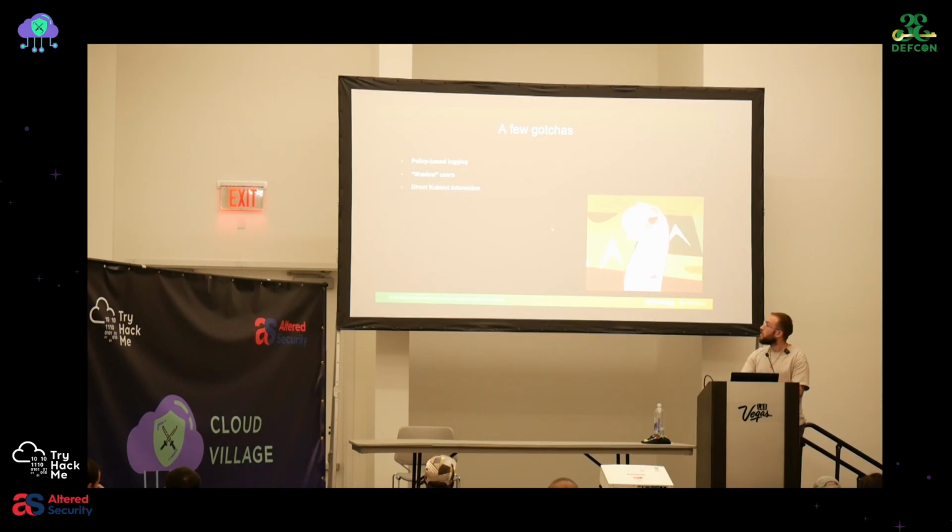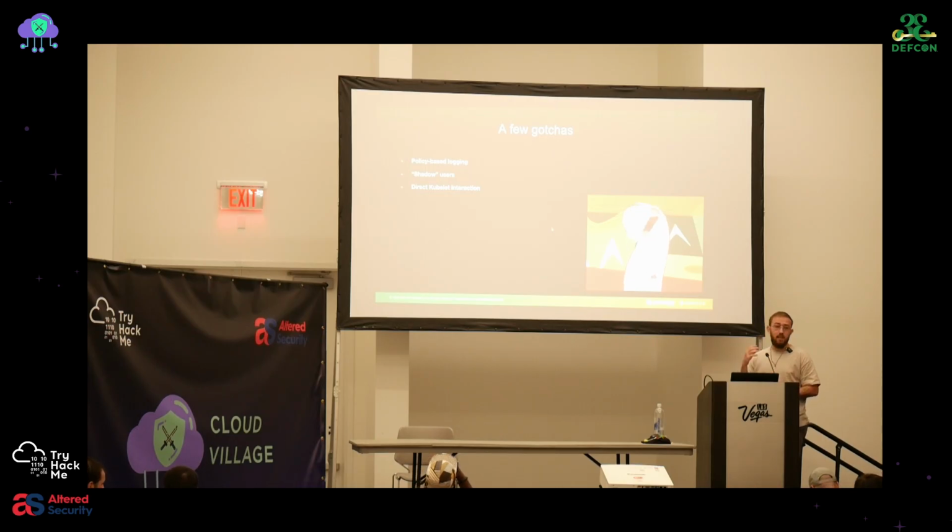Another thing is direct kubelet interaction. So the nodes proxy permissions, get and create on nodes proxy, basically allow us to interact directly with a kubelet on a given node. Now, the way that Kubernetes architecture works, a lot of the security checks are done at the API server level, which means that authorization is done there and logging is done there.